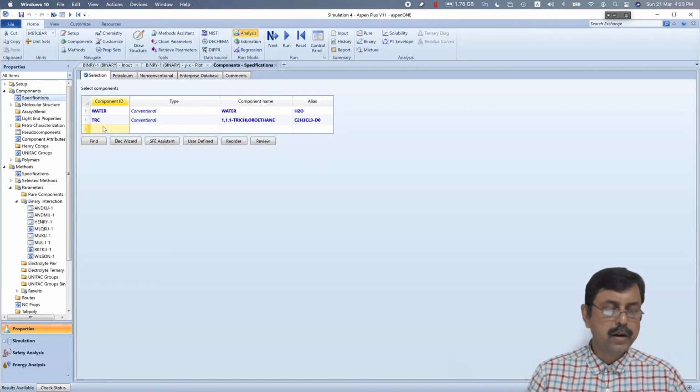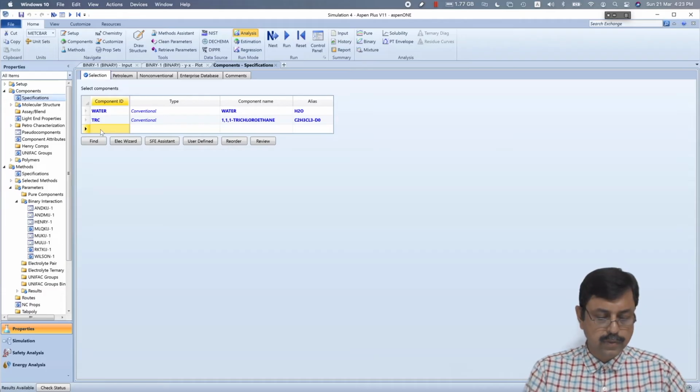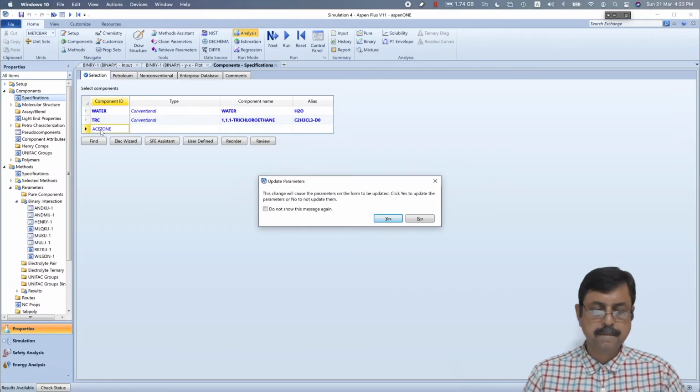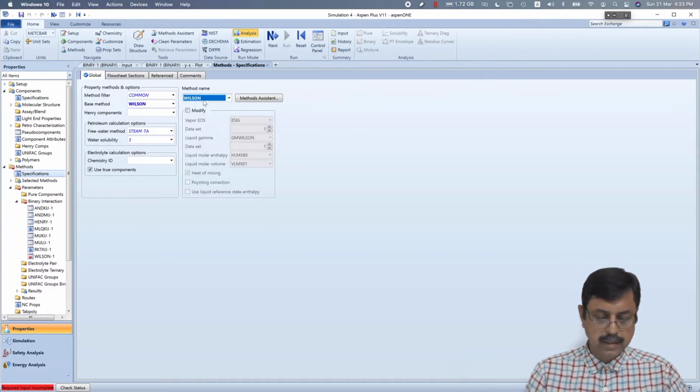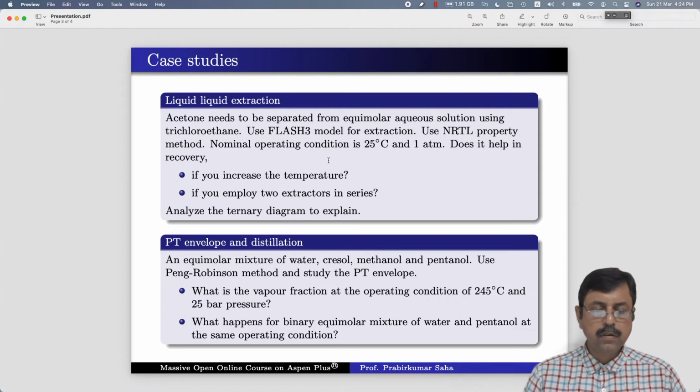So we already have water and TRC, so we add acetone, and we shall use the NRTL method. Now we have to analyze with the ternary diagram to explain. We will do it later. First, let us see what happens for this kind of system. Let us simulate the system first.